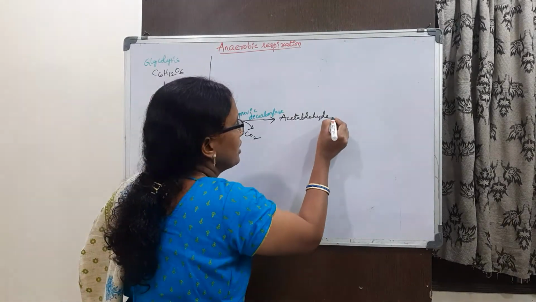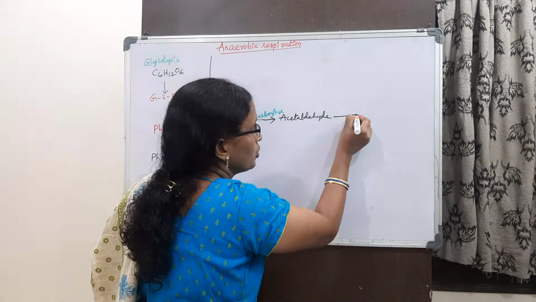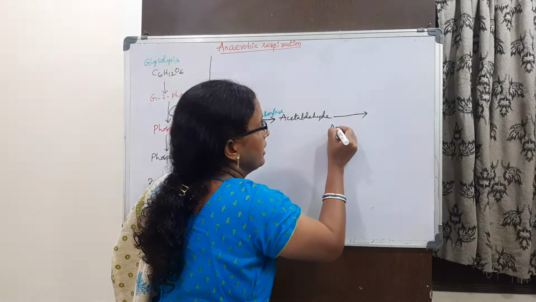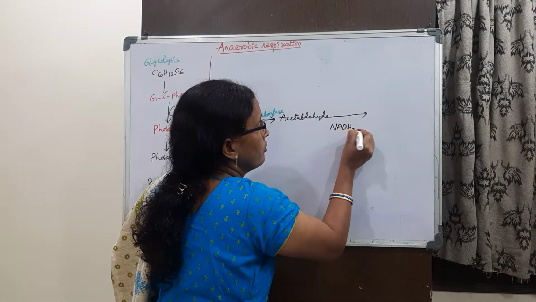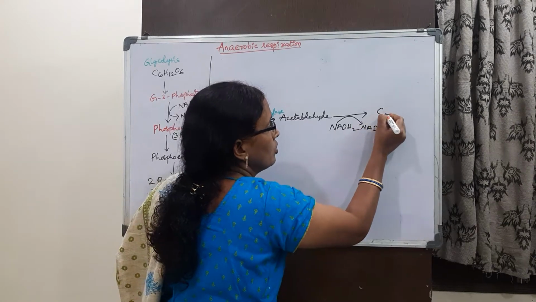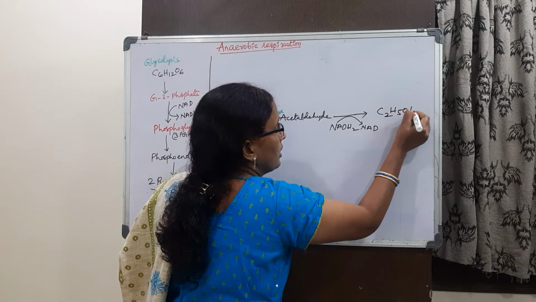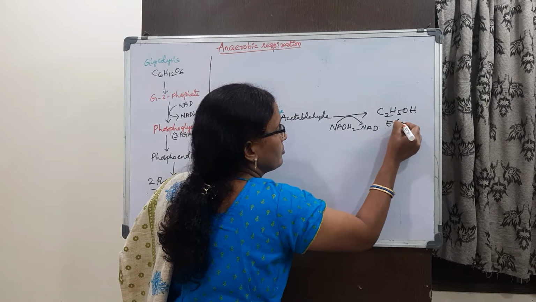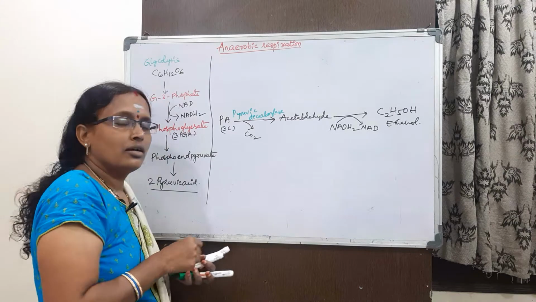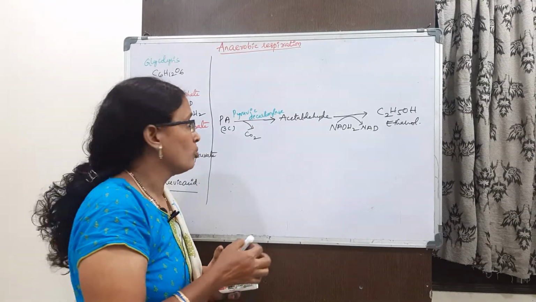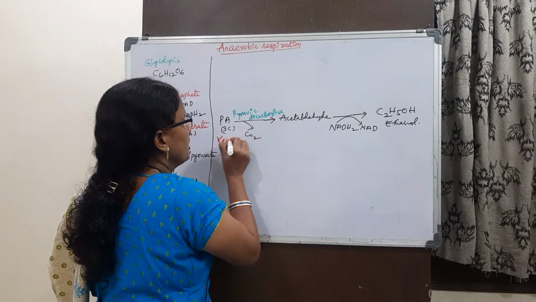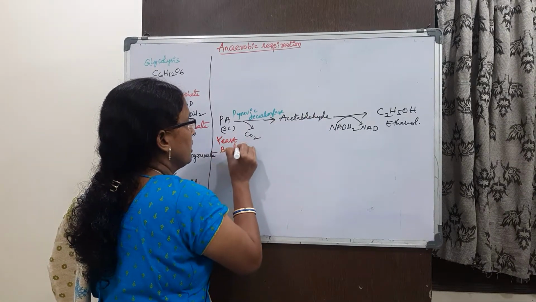Now this acetaldehyde is going to utilize NADH2, converting it into NAD, and transform into ethanol. So when they lack oxygen, pyruvic acid may transform into ethanol in the case of yeast and bacteria.